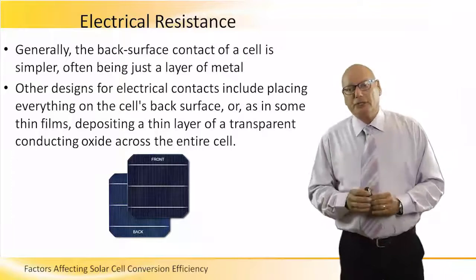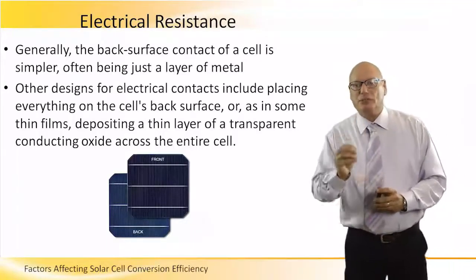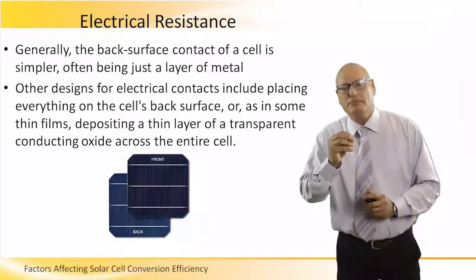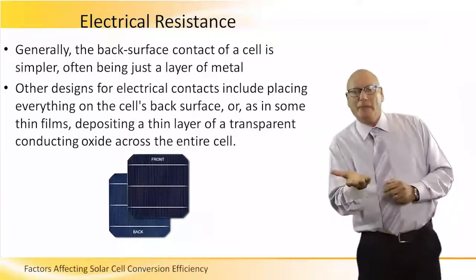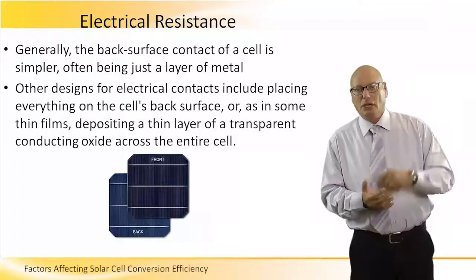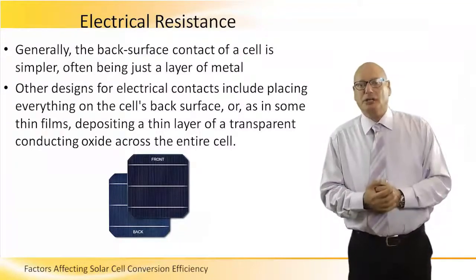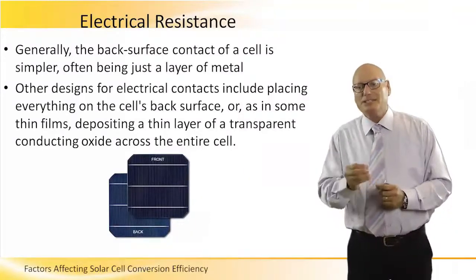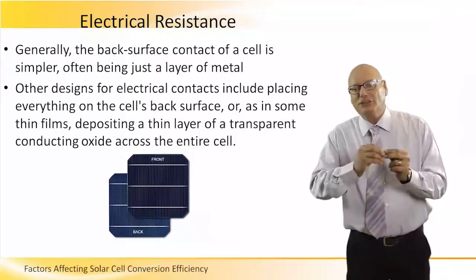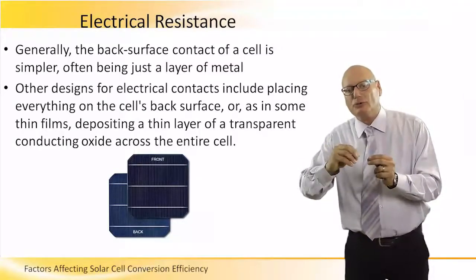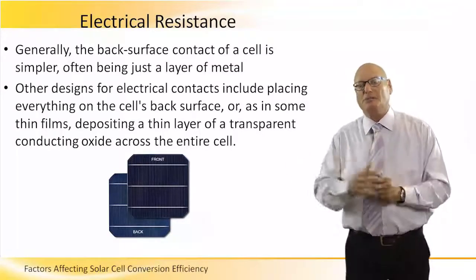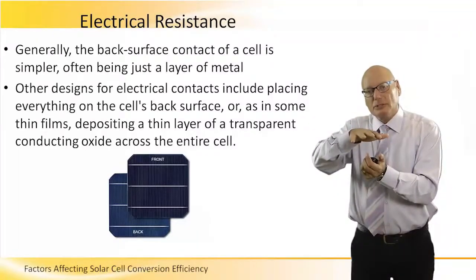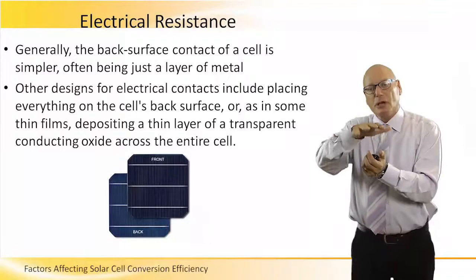To continue with electrical resistance, generally the back surface contact of the cell is simpler, often being just a layer of metal. That's in the back. Other designs for electrical contacts include placing everything on the cell's back surface, or as in some thin films, depositing a thin layer of transparent conducting oxide across the entire cell. The front conductors create shadows on the silicon.